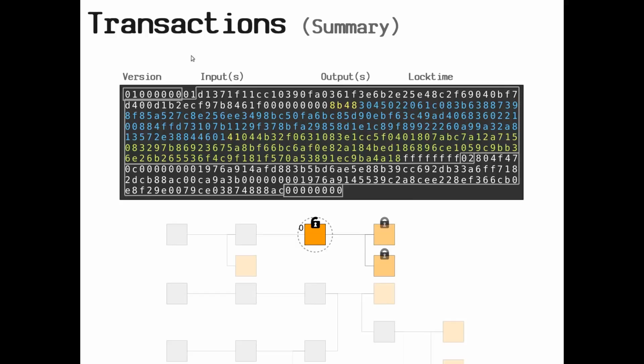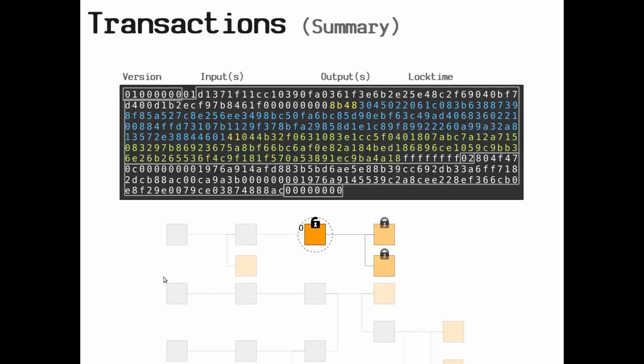You do have segregated witness now, which on a very basic level, instead of having this signature code in the middle of the transaction, gets moved to the end of the transaction, and that's called the witness.